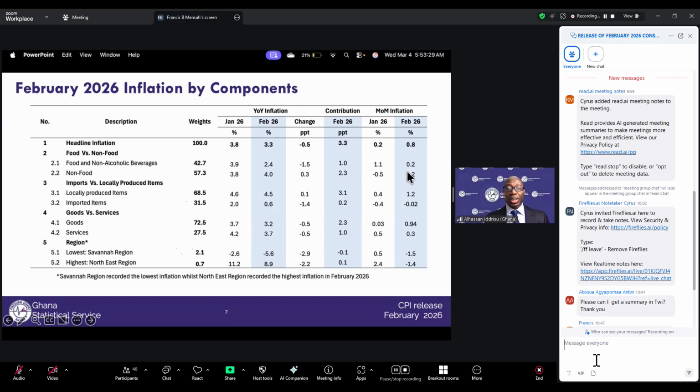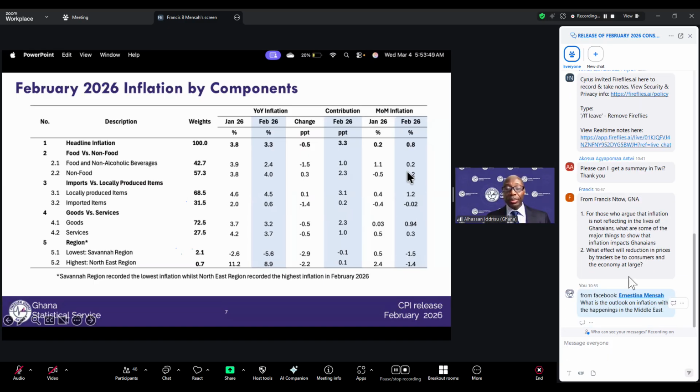For imported goods, exchange rate movement will affect imported inflation. Even for locally produced items, domestic supply chain conditions and the cost of doing business help explain inflation.